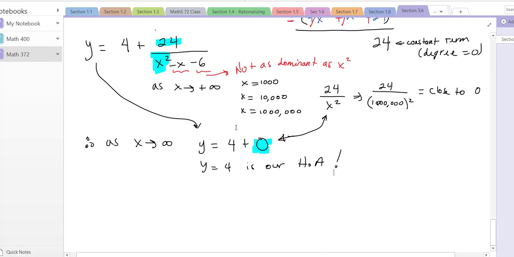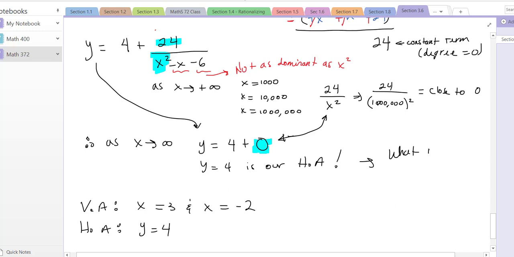So now we have vertical asymptotes of x equals 3 and x equals -2. And we have a horizontal asymptote, only one, at y equals 4. Or do we have another one? What happens as x goes to negative infinity?